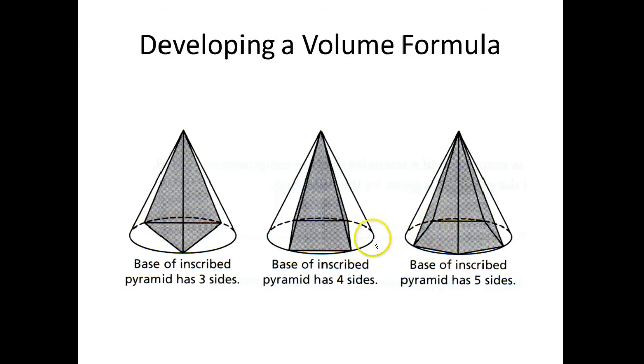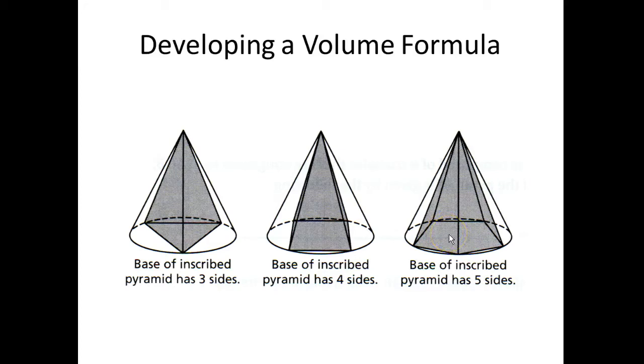Once again, we're inscribing some pyramids inside of the cone, and we're going to let the number of sides of the base of these pyramids get bigger and bigger. As those number of sides get bigger, the volume of the inscribed pyramid will approximate the volume of the cone.